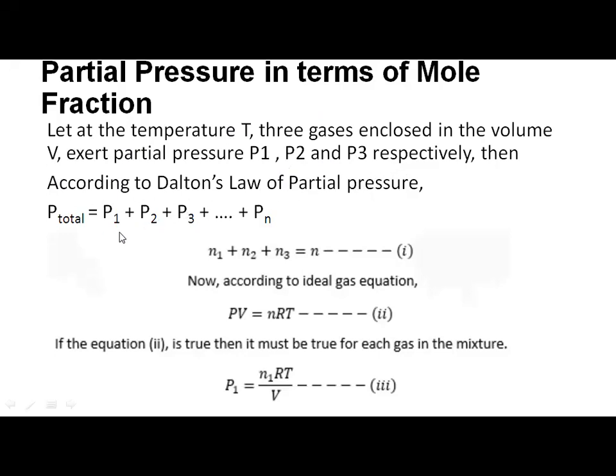According to Dalton's law of partial pressure, how do you write? Let me say I have these three gases. Let me say this is gas 1, this is 2, and this is 3. So each gas will exert a certain pressure, and that is called partial pressure with respect to 1, partial pressure with respect to 2, partial pressure with respect to 3.